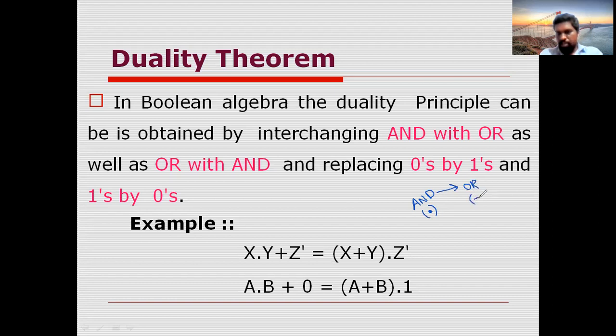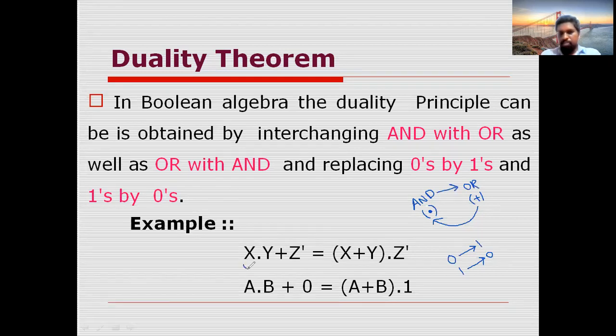Next, if OR is given, replace it with AND, just vice versa. Wherever you find 0, replace with 1, and wherever you find 1, replace with 0. These steps are enough for you to find the duality theorem.